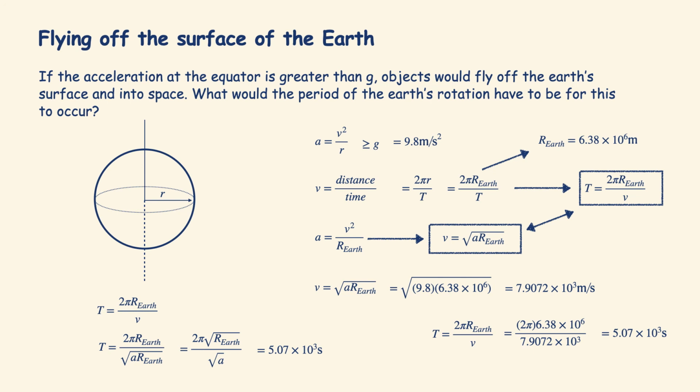And once again, I get for the period 5.07 × 10^3 seconds, which, by the way, is about 84.45 minutes. I kept an extra digit here. I am always reluctant to round if the last digit happens to be a 4 or 5. They just seem to be too much in the middle between two numbers for rounding purposes.